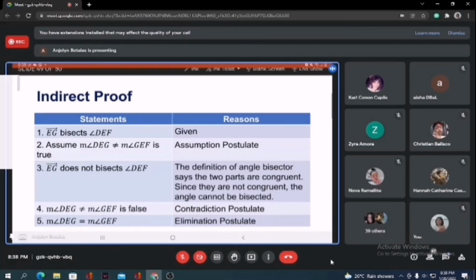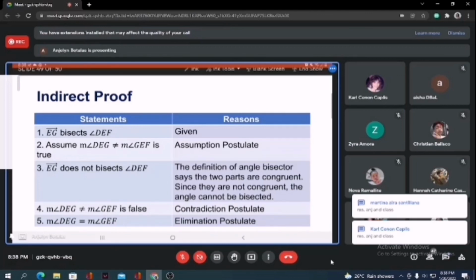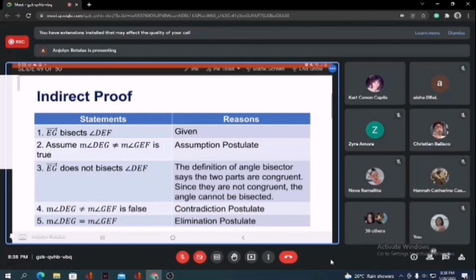The definition of angle bisector says that two parts are congruent. Since they are not congruent, the angle cannot be bisected. So, kung equal sila, then according to the figure, angle bisector gyud si EG. Pero kay dili man congruent, the angle cannot be bisected. So, the measure of angle DEG is not equal to the measure of angle GEF is false.